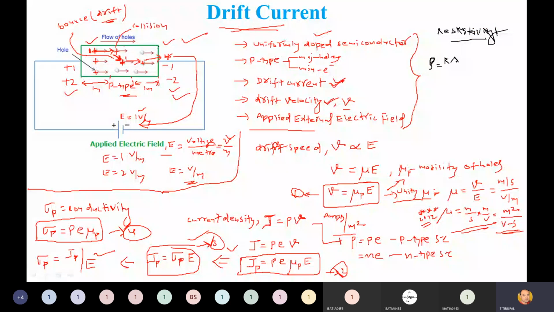Please do remember this one. RA divided by L, where R is resistance, A is area, and L is length.